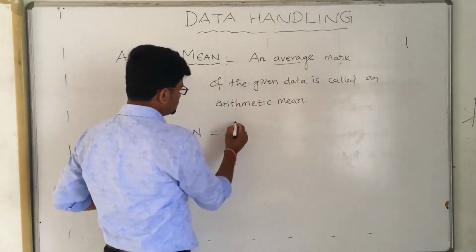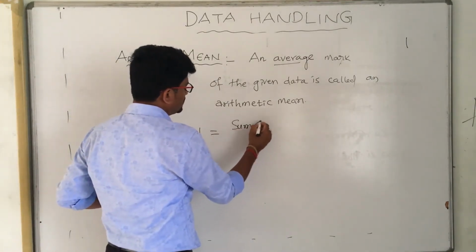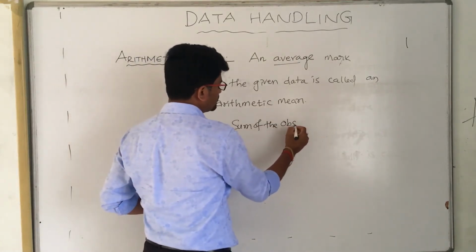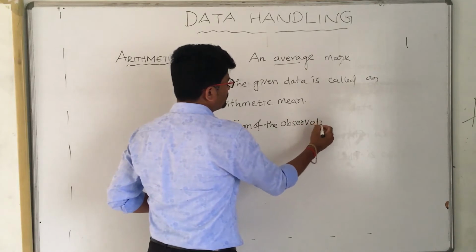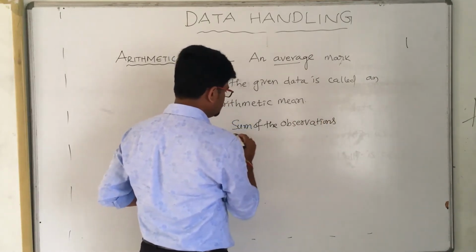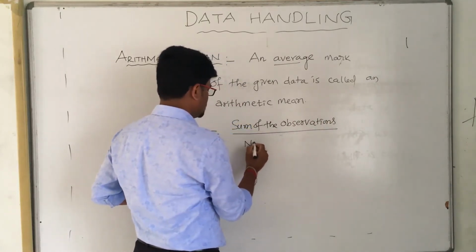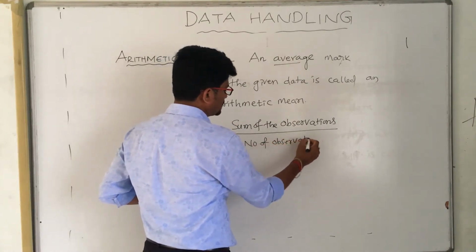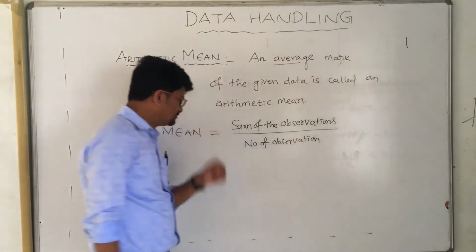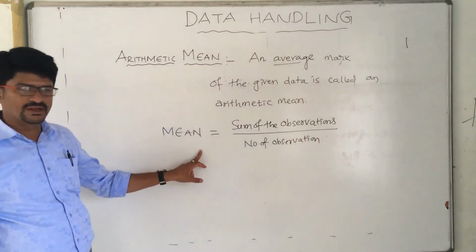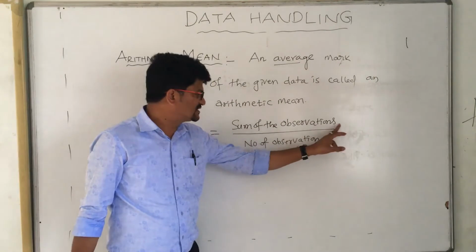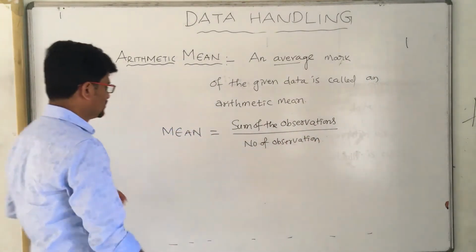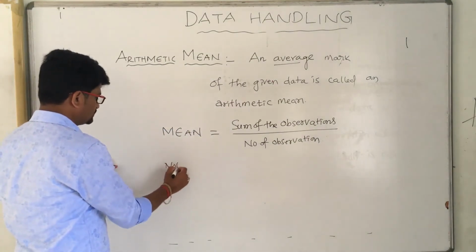Mean is the sum of the observations by the number of observations. Arithmetic mean formula: sum of the observations by number of observations.